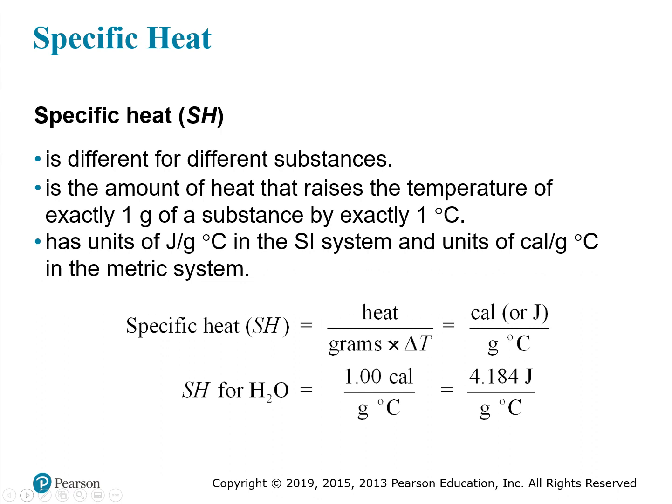The specific heat is the amount of heat that raises the temperature of exactly 1 gram of a substance by exactly 1 degree Celsius. And the units for specific heat are either joules per gram degree Celsius, which is the SI system units, or calorie per gram degree Celsius in the metric system. And that's little c calorie.